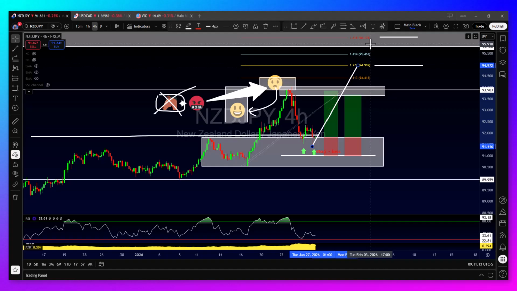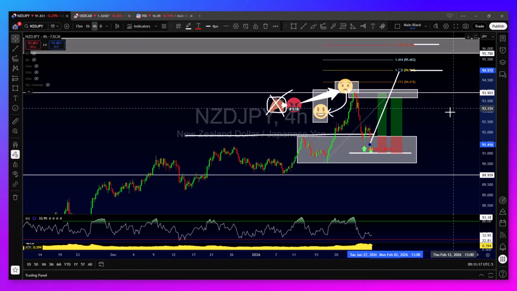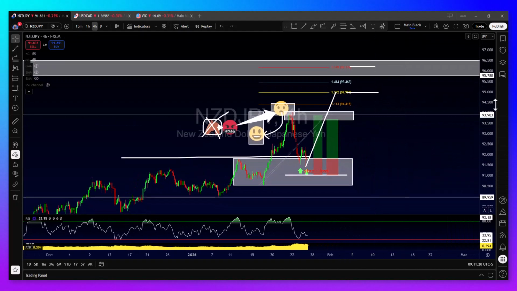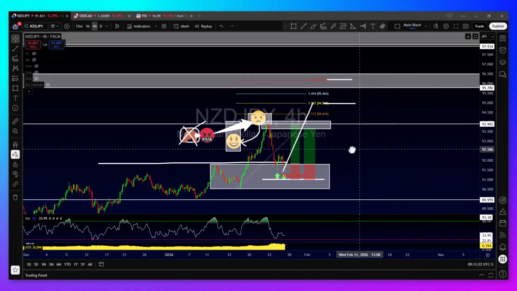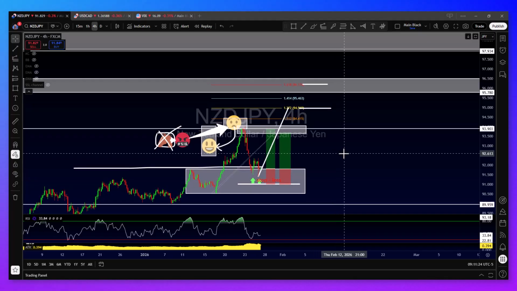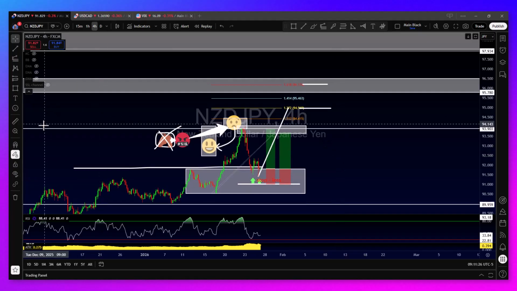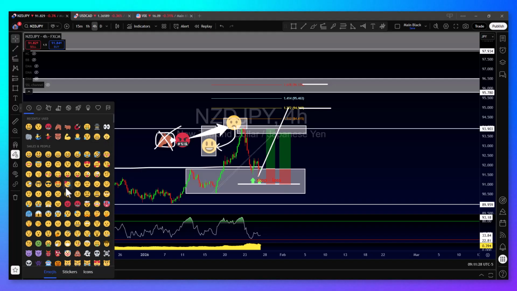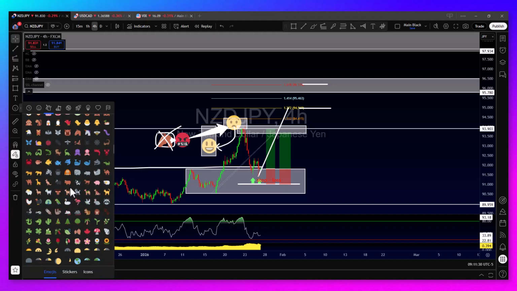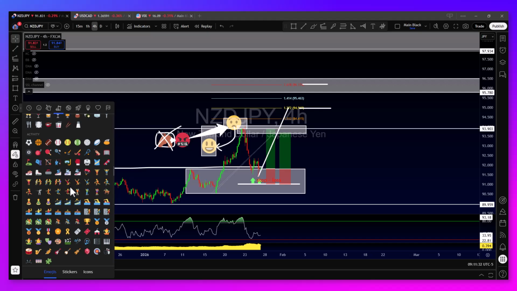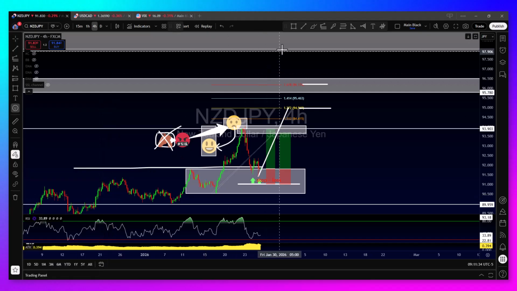You've got the beginning of your structure zone right here around the 96 even handle, and then you have the bigger one earlier. And the last thing I would say you can do is this. If you are the bravest of braves, if you are a true trend following trader, you can say, you know what, Akil? My target is here.